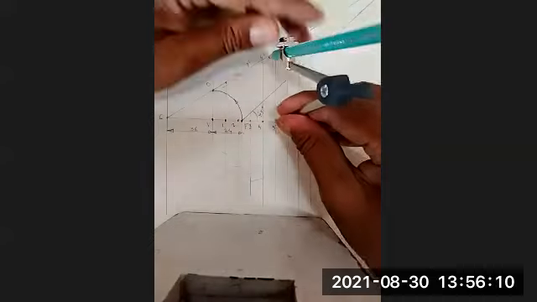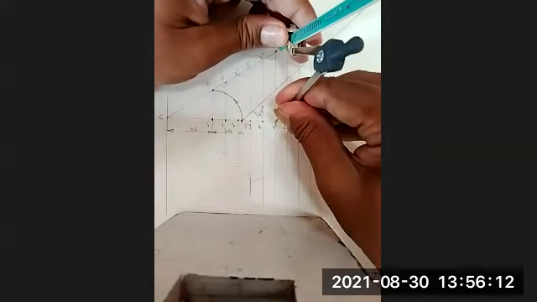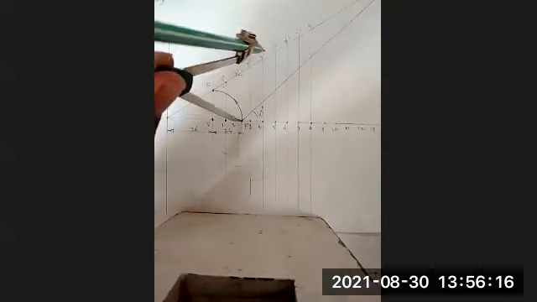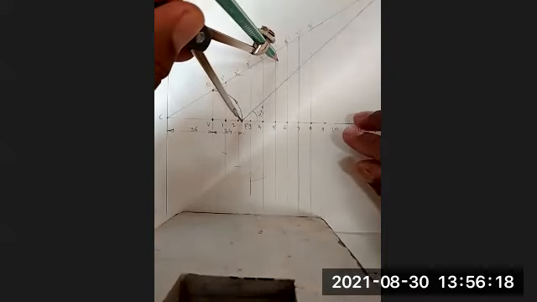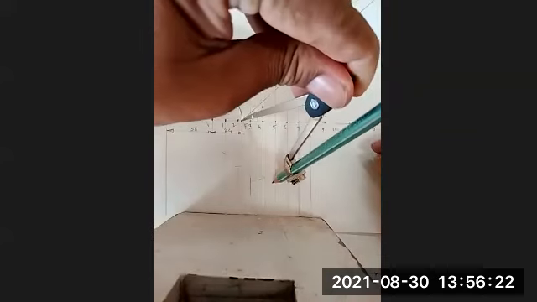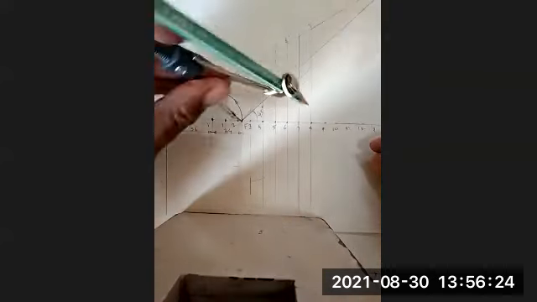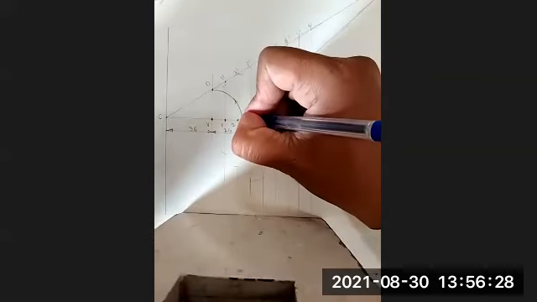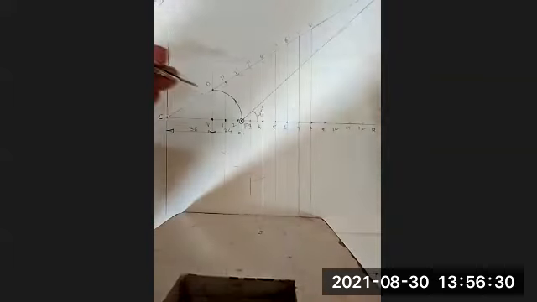Remember, for each point you follow the same step. We are not going to change the metal end point of the compass. It will be on F. This point will remain. Then we'll take the next point.